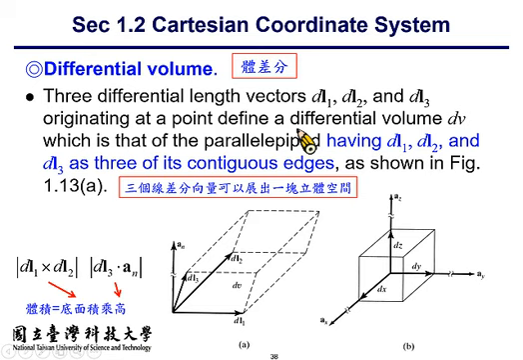And this is size description. How about aN? aN is the vector, the normal vector produced by the cross product. And now the second term is formed by taking the dot product of the third vector dL3 with the normal vector expanded by the first two differential lengths. So you can imagine this calculates what? This calculates the height of the parallelepiped.